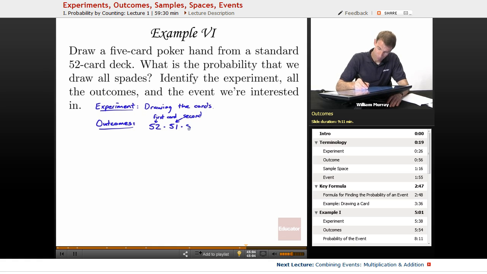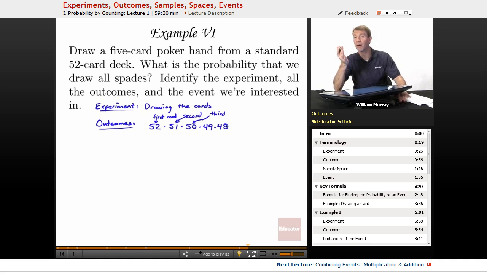Then there are 50 choices left for the third card. And then 49 choices for the fourth, and 48 choices for the fifth. So that seems like there's this very large number of ways to get a particular poker hand.